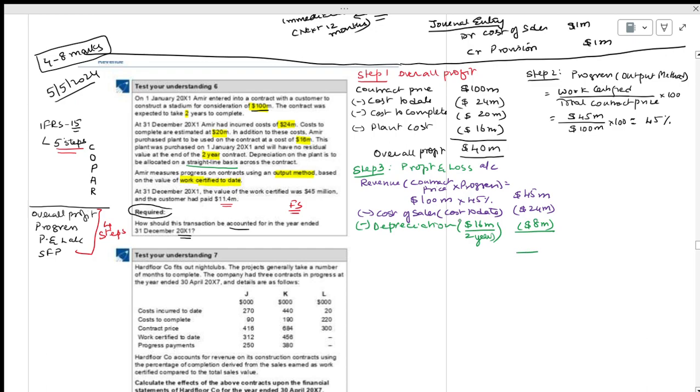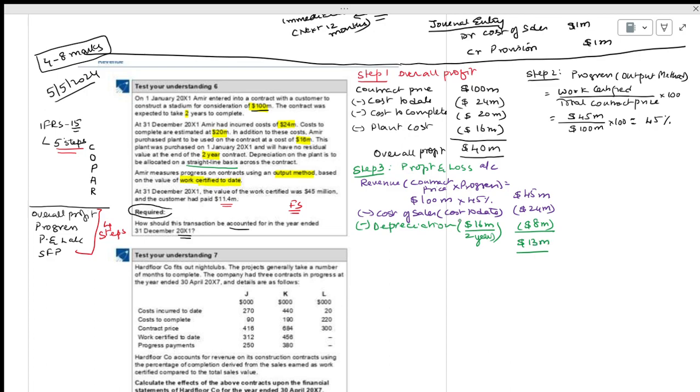It comes to how much? 45 minus 24 minus 8, 32. 32 minus 45, 13 million.